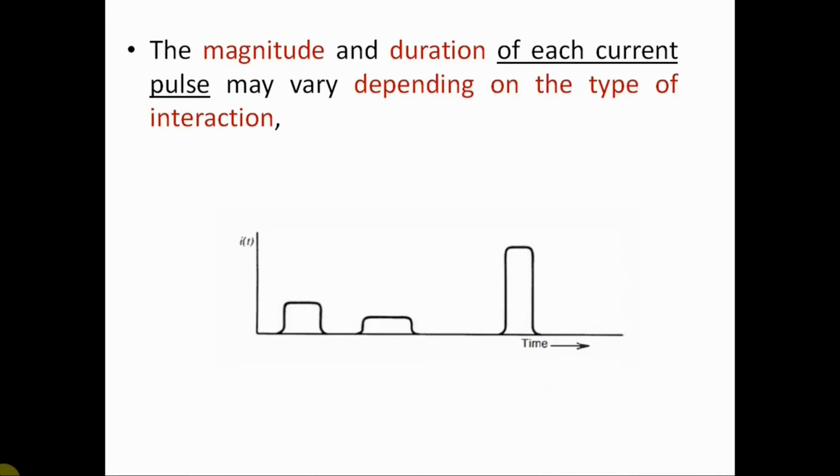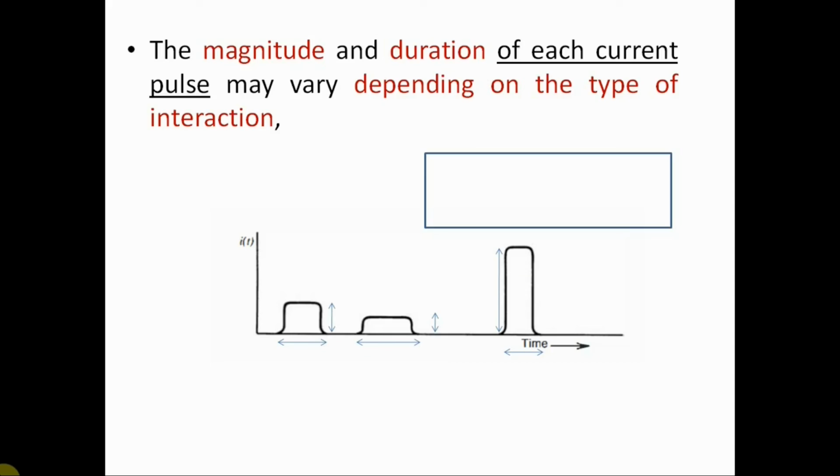As you can see in the sketch of the instantaneous current flowing in the detector, the magnitude and the duration of each current pulse is varying, and it depends upon the type of interaction, since we are now talking about more than one quantum of radiation or more than one particle interacting within the detector active volume.